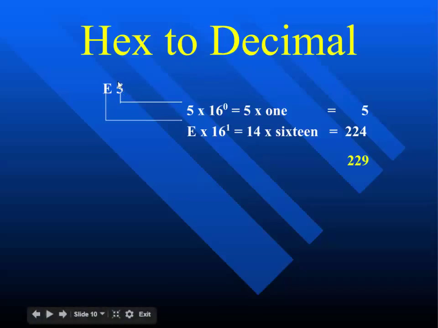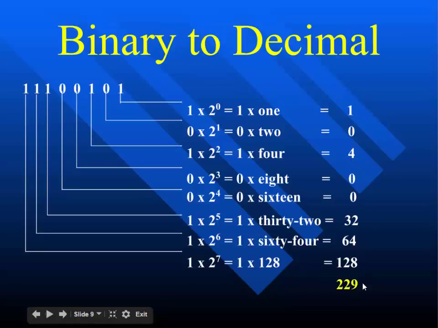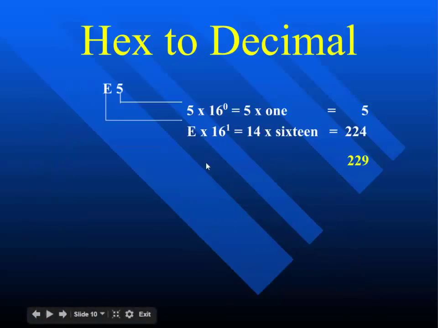The first column is the 1's column, 16 to the 0's column. So 5 times 1 is 5. Then E, which is 14, we multiply 14 times 16, and we get 224. Add those two together, and we get 229. Is that the same number as this one? Yeah, that's the same. Is that the same amount of math you have to do? The answer is no. This is a lot simpler.